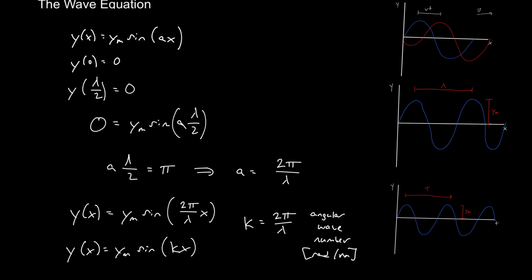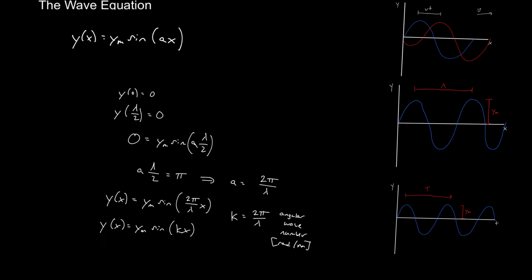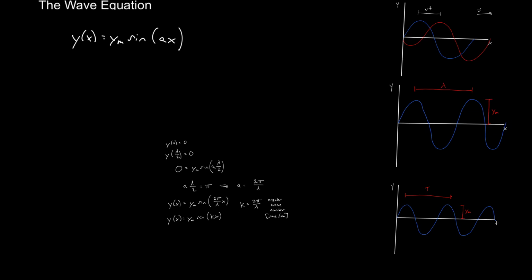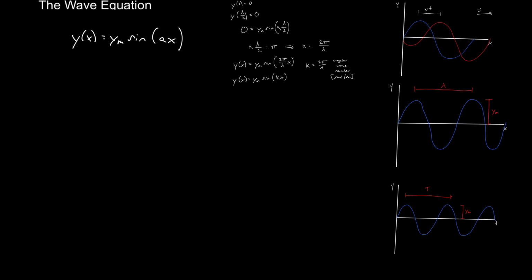Okay, so we've only been looking at this graph here, and if we wanted to get a more general equation for the wave, we know that the wave is not just a function of x, but it's also a function of t, or time. So let's expand this to take stock of what's happening as a function of time as well. Okay, so let's take all this and we can move that over here.